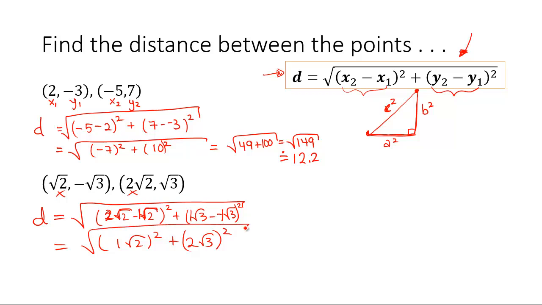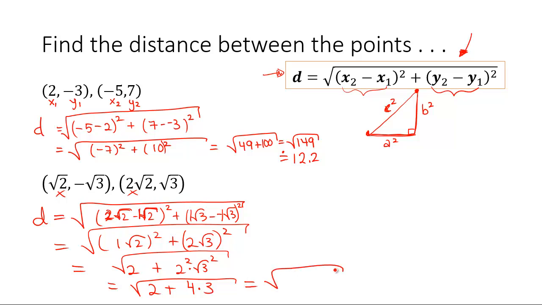squared. And we know that when we square, it's multiplying itself by itself, so root 2 times root 2 is 2, and then 2 squared and root 3 squared is what's happening here, so that's 4, 2 plus, this is times, so 4 times 3.